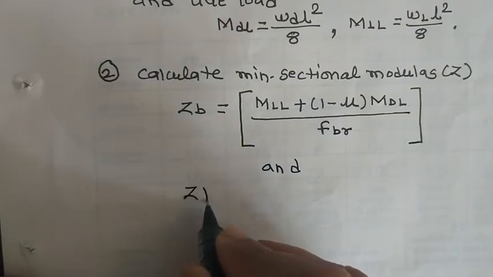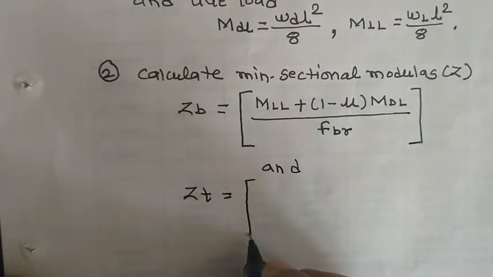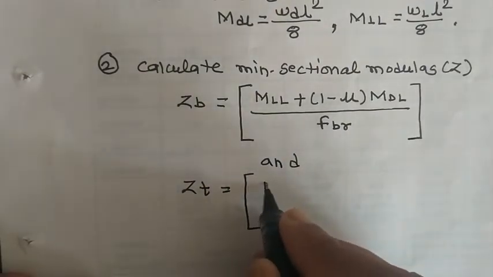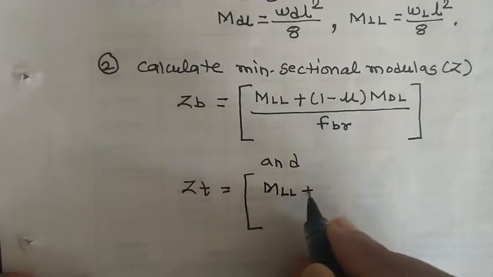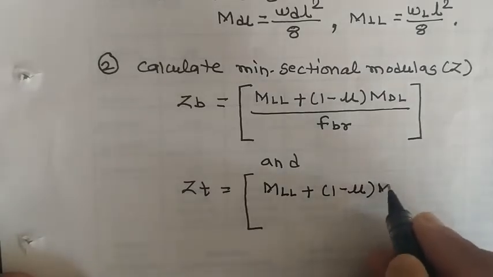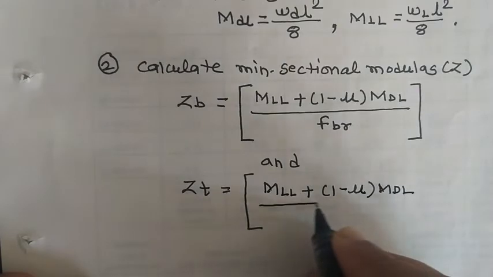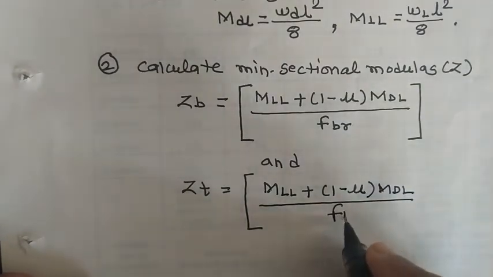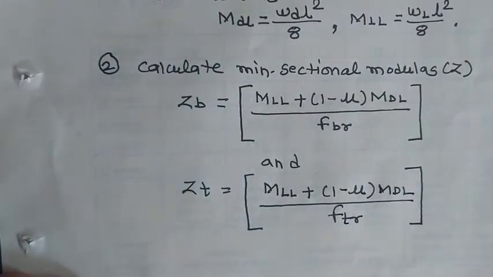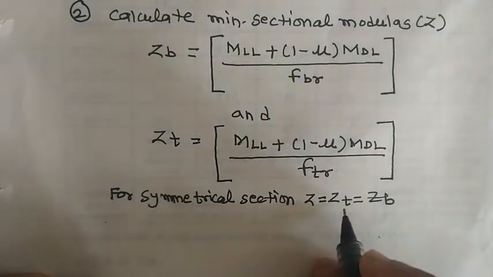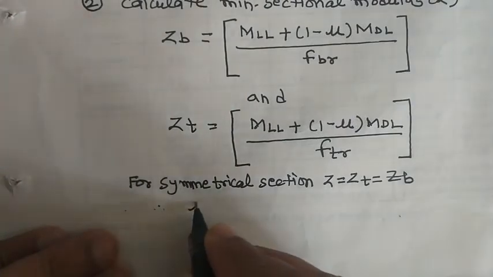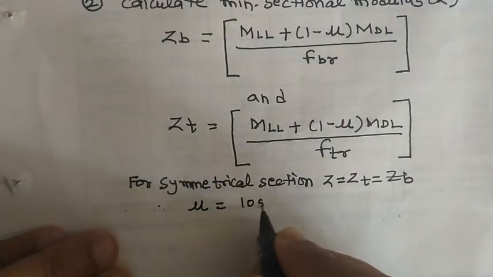And Z top is equal to, if the beam is unsymmetrical, Z bottom and Z top have different values, bending moment due to live load plus (1 minus mu) MDL divided by FTR. We know that for a symmetrical section Z top and Z bottom have the same value, whereas mu is equal to the loss ratio.